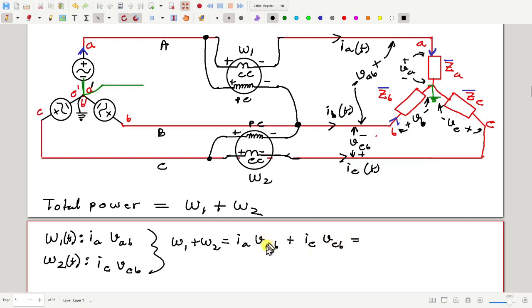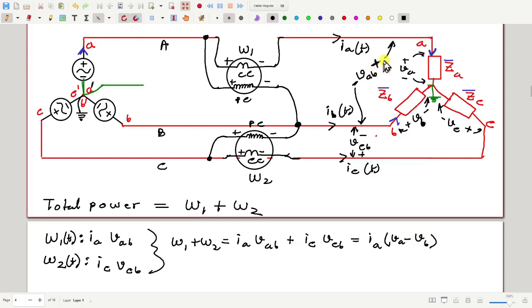Now how much is VAB in terms of the phase voltages VA, VB, VC? VA minus VB. Please check the direction.